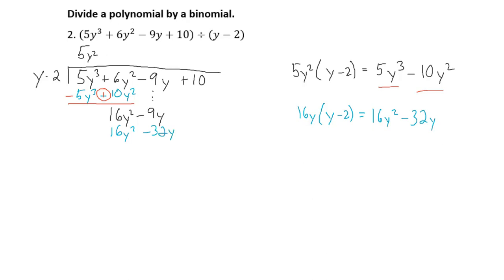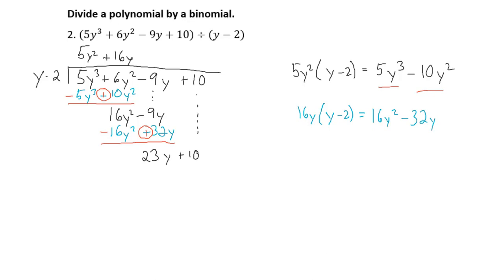And what I multiplied by was that 16y. Okay, now I need to subtract that. So make that negative, make that positive. I like to circle it to make sure I remember that I did it. And so now I do 32 minus 9, which gives me 23y. Bring down my next term, which is the plus 10.